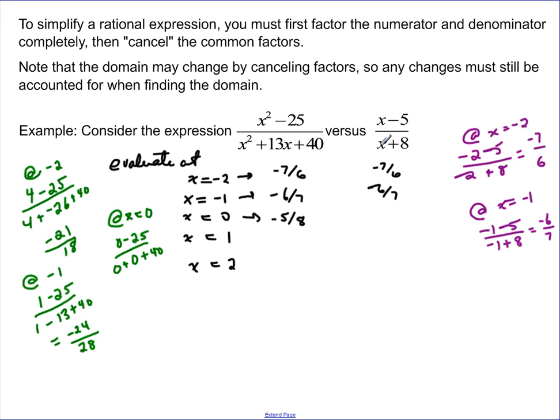And sure enough, putting 0 into the other expression gives negative 5 over 8.